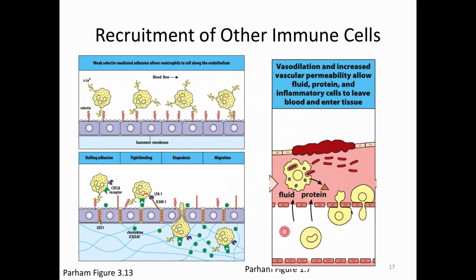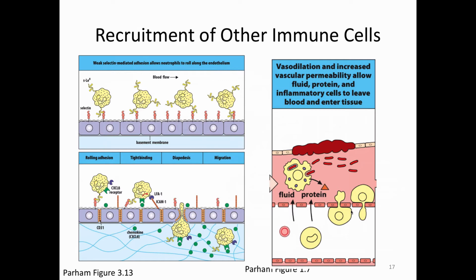The chemokines in particular are going to be really important for the recruitment of other cell types. The other cell types typically are going to be neutrophils here. And so this is where we're going to see some similarities and differences between macrophages and neutrophils. There is a very specific 3-step cascade that all immune cells use in order to move to parts of the body and leave the blood.